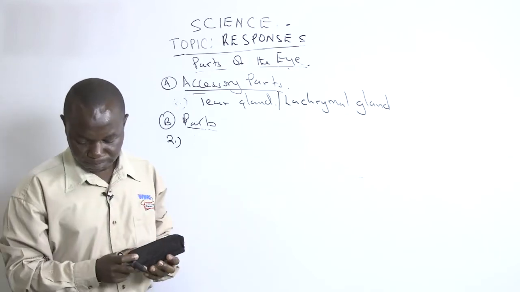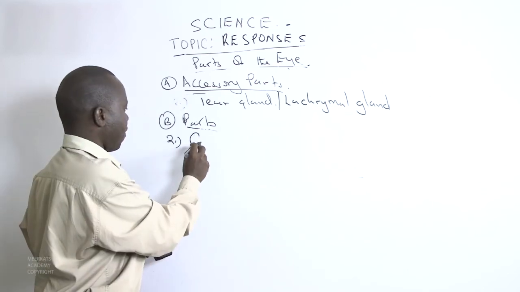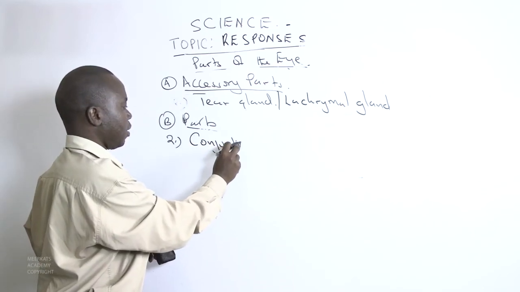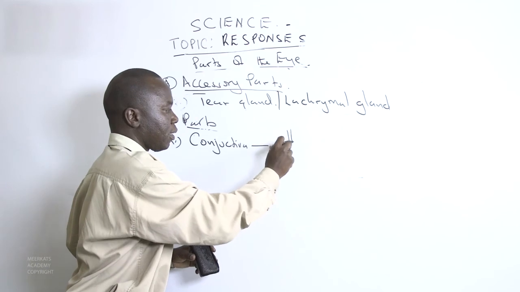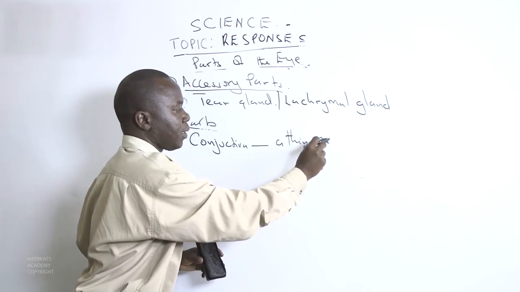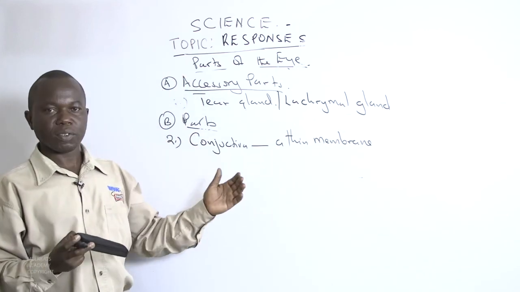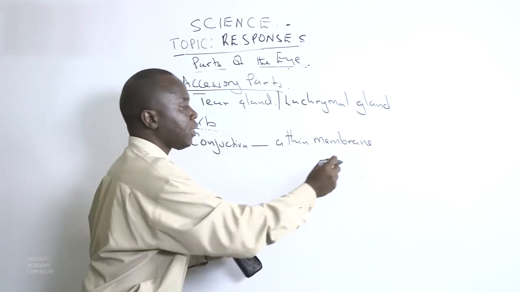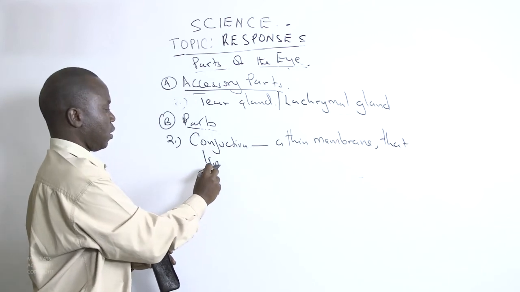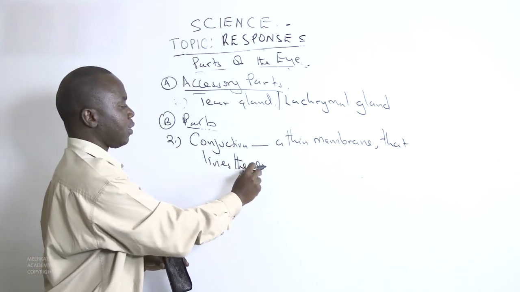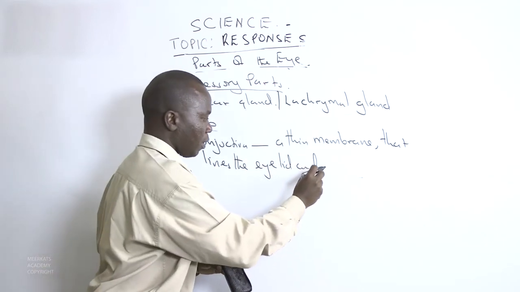Part number 2 is the conjunctiva. We have said the conjunctiva is a thin membrane. You can refer to the diagram that we have just drawn. A thin membrane that lines the eyelid and the eyeball.